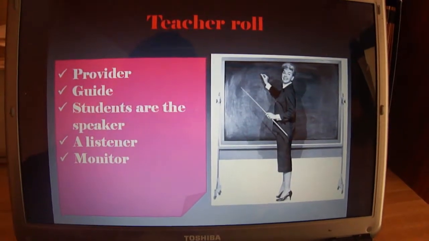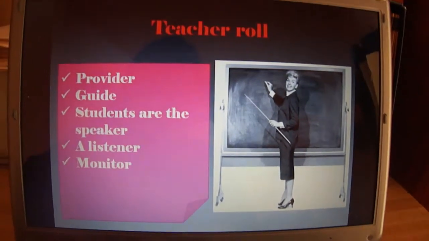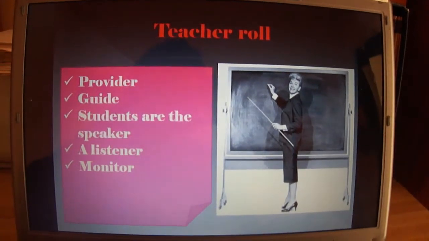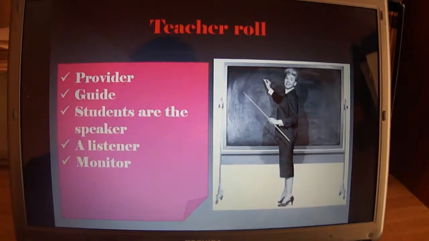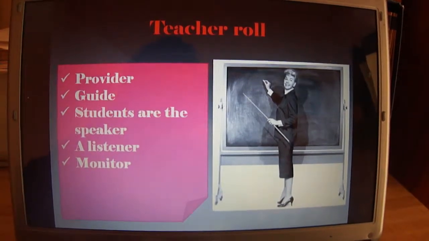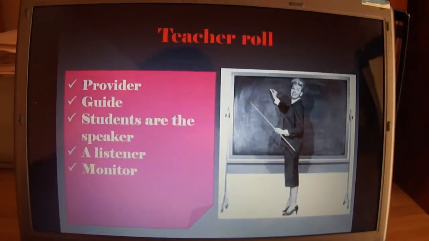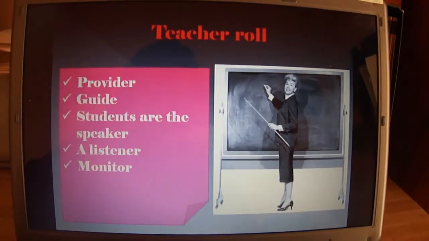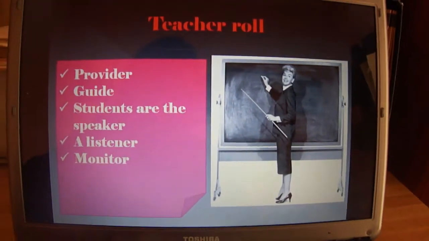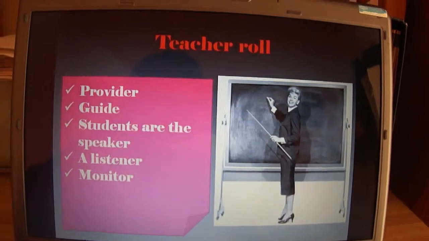He needs to be a good guide, because sometimes the students maybe lose the language purpose, or some ideas. So the teacher needs to guide the students in the correct way to learn something. Students are the speakers, so the teacher becomes the listener and the monitor.